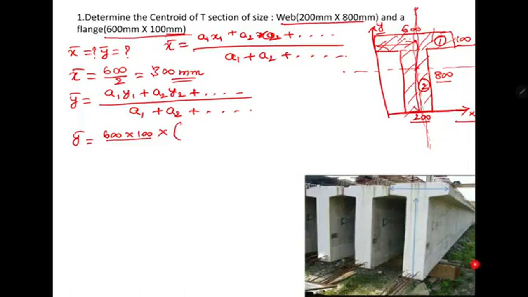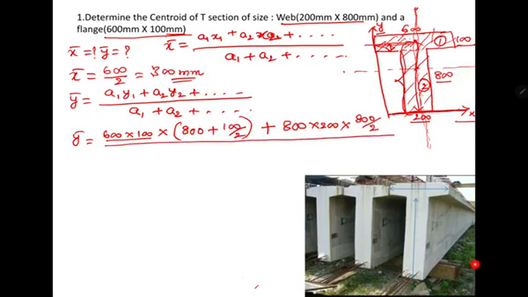To calculate this distance, it is 800 plus half of this. The centroidal distance from the x-axis to the first plane figure is 800 plus 100 by 2, plus a2y2. a2, the second plane figure, is 800 into 200, and y2 from the x-axis to the centroid of the second plane figure is 800 by 2.